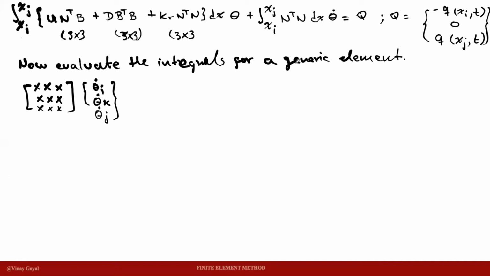I started from the last integral, so now this is the first term, plus another matrix, which is different, but is also 3 by 3.